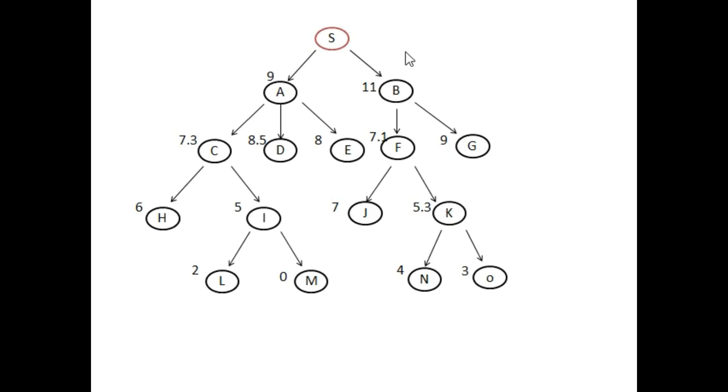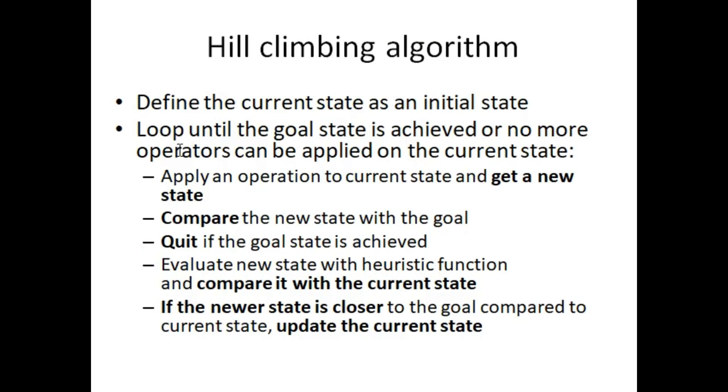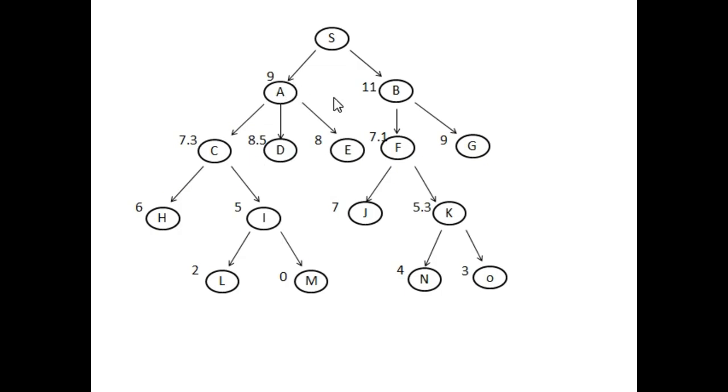S is our initial state, so I will mark this state as the current state. According to this algorithm, I mark the initial state as the current state. Here I will apply the loop. Then I will generate these two nodes, which will be our new nodes.